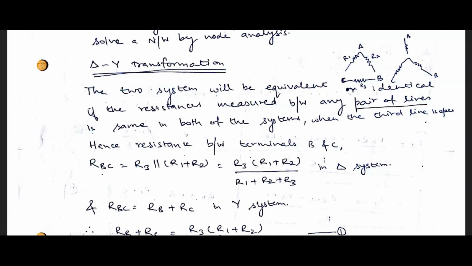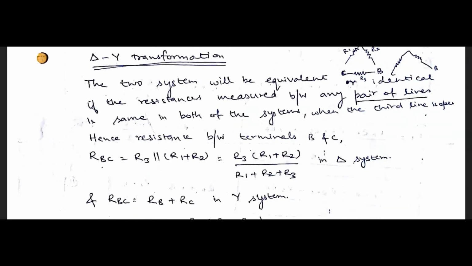Okay. And in case of star, the resistance RBC is the series combination of RB plus RC. Okay. So now we can equate both these things, this RBC and this RBC, to get the desired results. Okay.